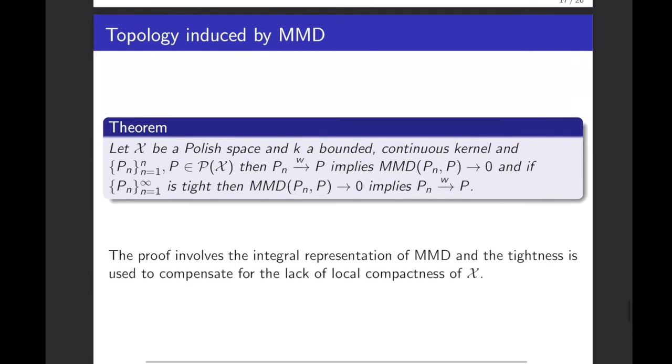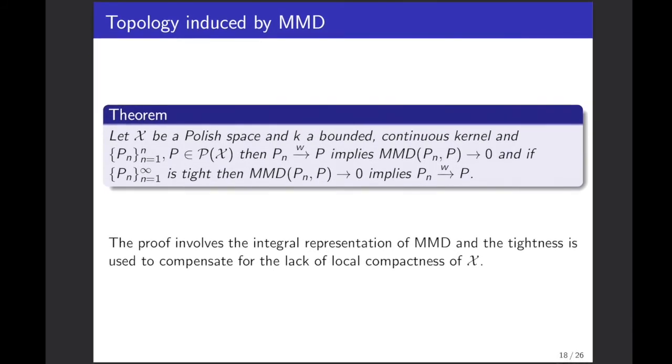So here's a straightforward theorem about MMD. Let X be a Polish space and K a bounded continuous characteristic kernel. If Pn is a sequence that converges weakly to some P in Px, then MMD will converge to 0.